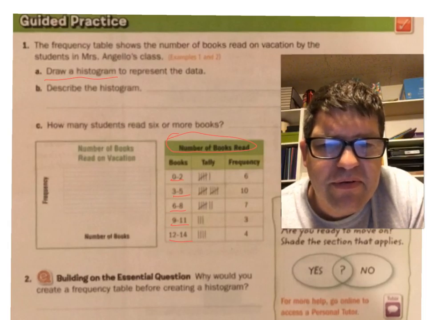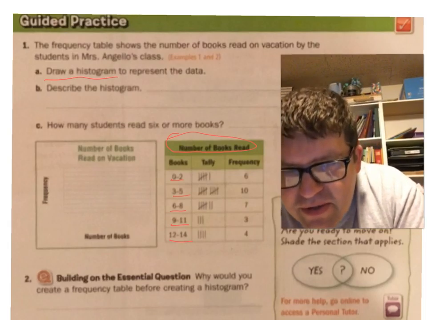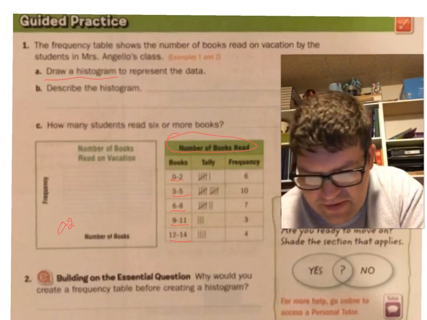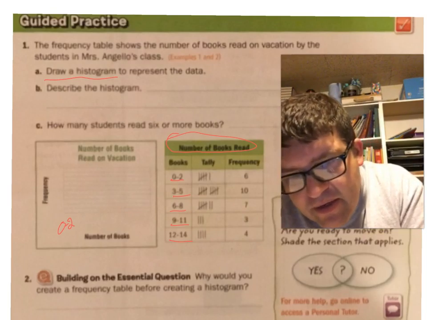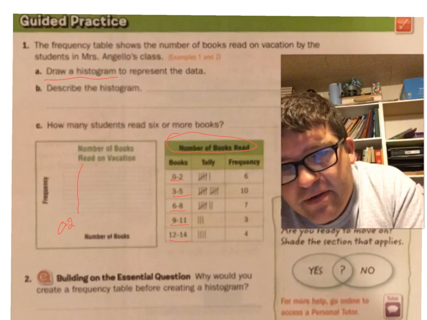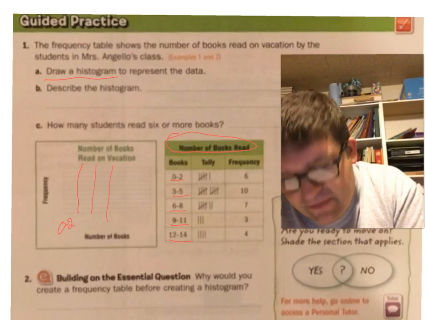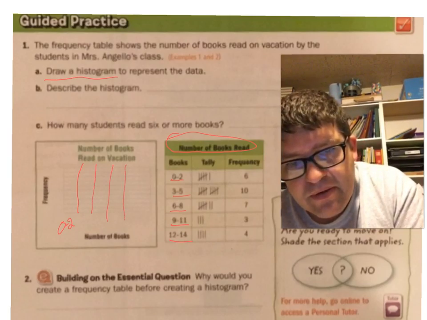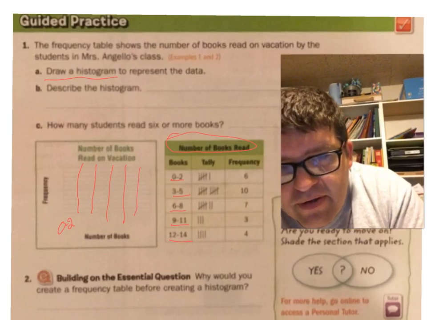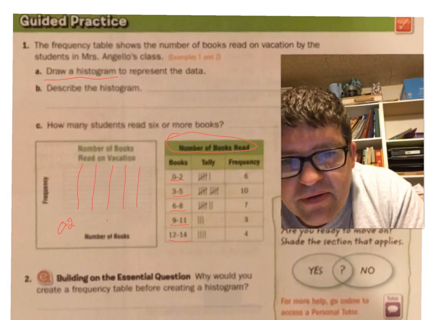So it's intervals of 2 here. So what you can do on here is you go 0 to 2. And then if we make little lines here, boy, that's not a straight line, but it'll work. Okay, I'm going to get my eraser here, make these nice and even.